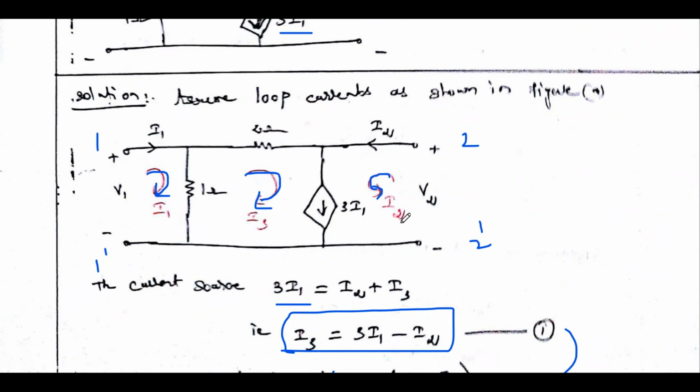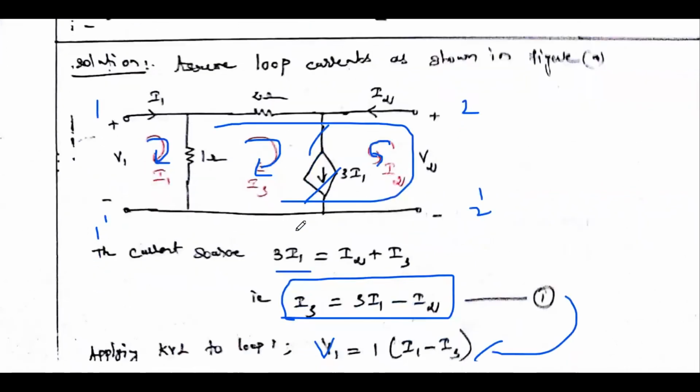As we already studied in the first unit, if in between two meshes one current source is available, we have to solve it by super mesh analysis. What is a super mesh? You just remove this current source and write one KVL equation for both meshes, which is called the super mesh equation. So you just write the KVL equation for the super mesh.